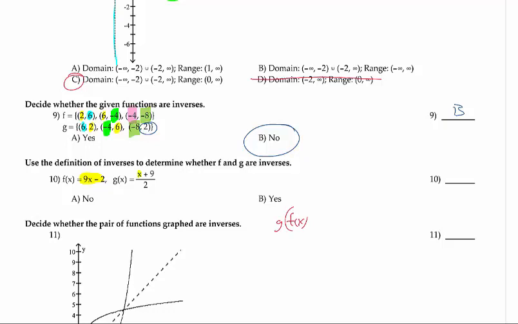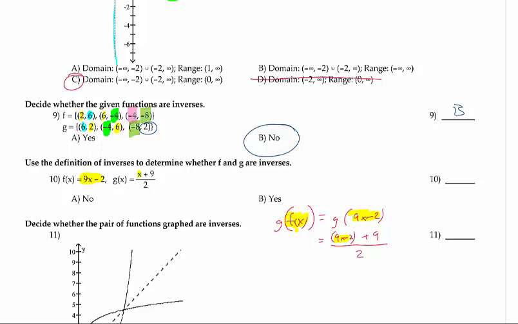You certainly could do it that way if you wanted, of course. All right, and then where the F of X is what we've highlighted in yellow. And so this is G of 9x minus 2, which is (9x minus 2 plus 9 divided by 2).